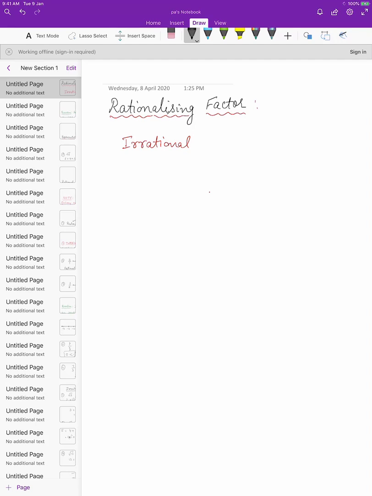I'll make it more clear with the help of an example. Suppose I take square root of 32. As you all know, it is an irrational number. Let us see why it is an irrational number. We'll first convert it into the simplest form. Converting irrational numbers into simplest form is a very important thing to do.